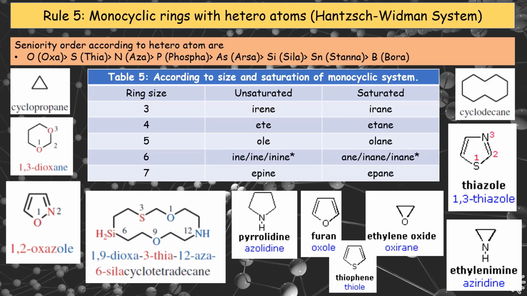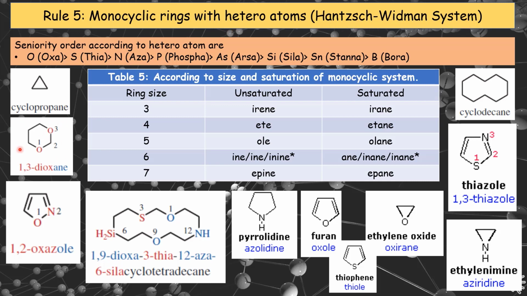Now I am going to discuss monocyclic rings along with heterocyclic rings and their nomenclature. Without any heteroatom present, the nomenclature is quite simple. We just have to add cyclo as a prefix and the job is done. But in case of a heterocyclic ring, we have to follow the Hantzsch-Widman system, or HW system, which is discussed here briefly.